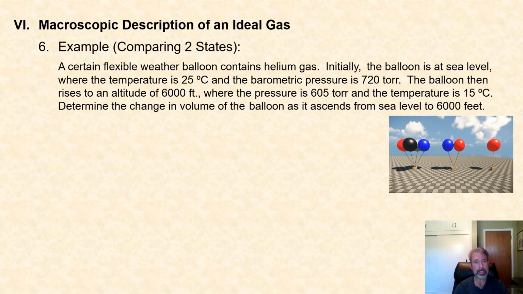That is, you change the volume, the pressure, the temperature, the number of moles or the amount of gas. You may change a single quantity, or you may change multiple quantities, and you're asked to find out what effect these changes have on some other state variable.